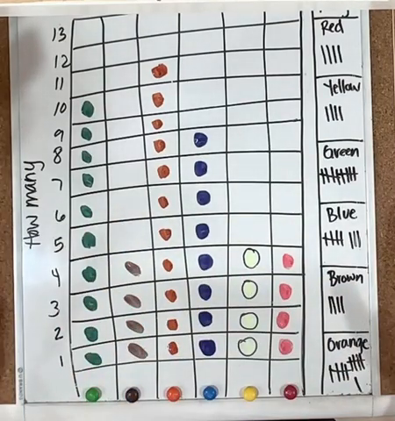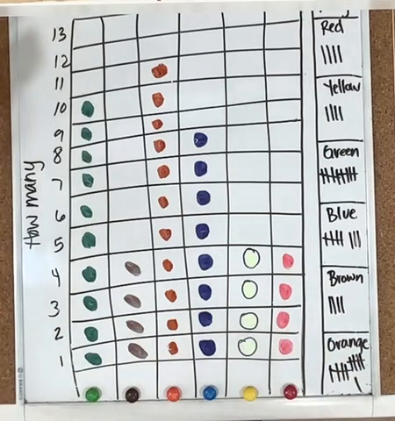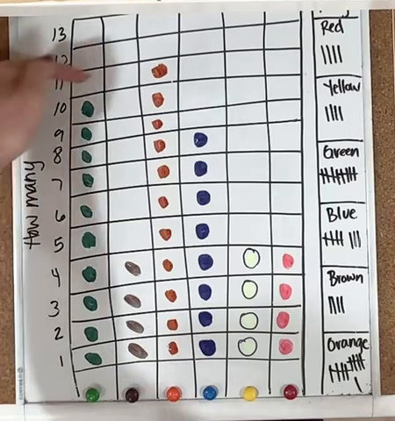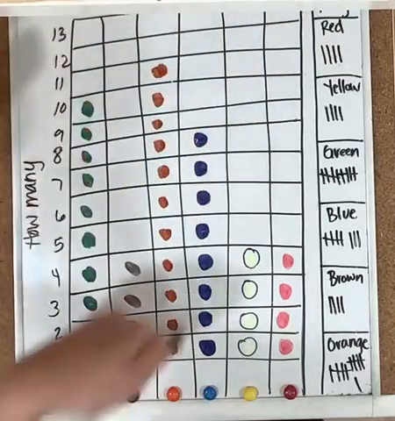So now with this information, you guys can answer some questions for me. I want to know what color has the most. Yep, I can easily see. I go to the top of my graph, which one is higher than all the others.